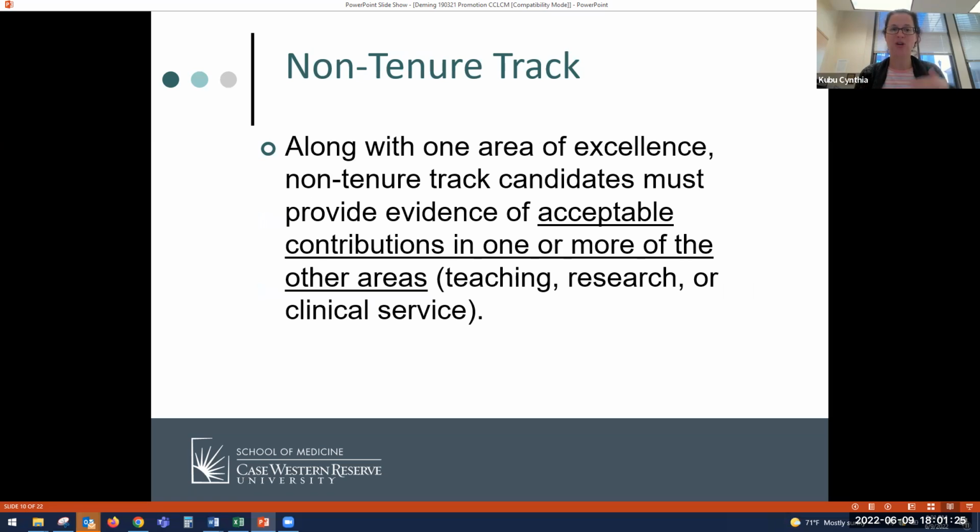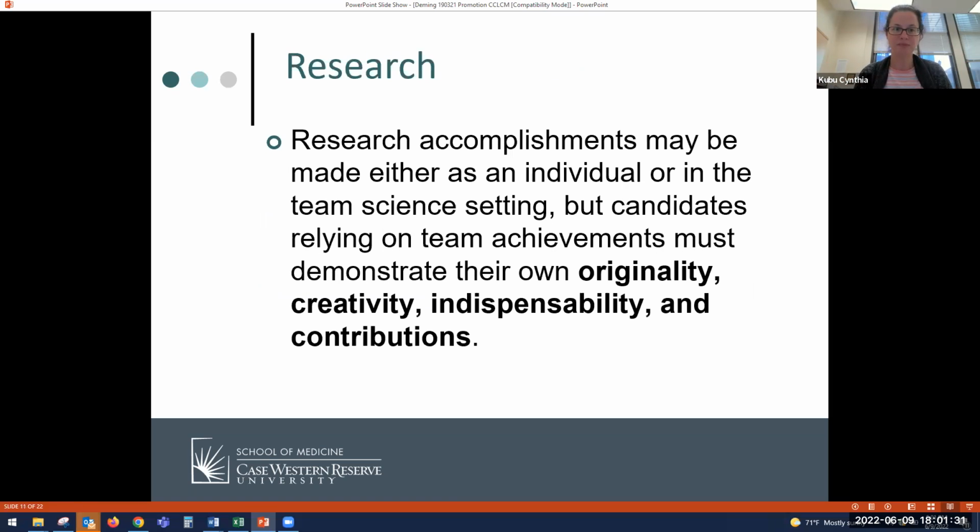So on the non-tenure track, when you identify that primary area, please also remember that you have to identify a second area. Next slide. For research, you can either be an independent individual researcher, where it's the traditional R01, first or last author, or since 2006, we've had in our promotions, appointments, and tenure criteria that we recognize team science.